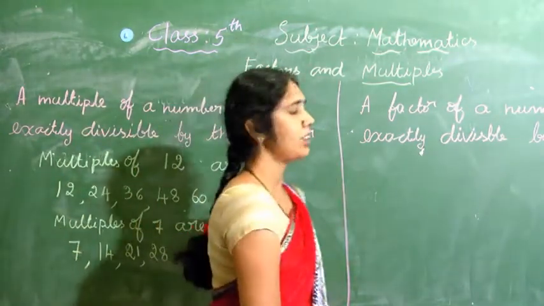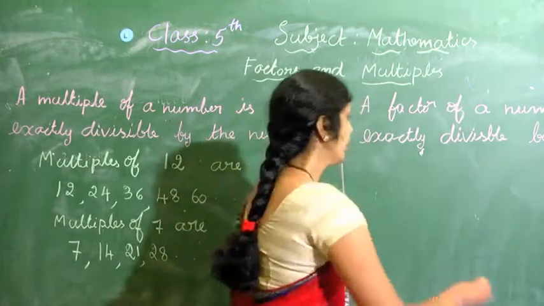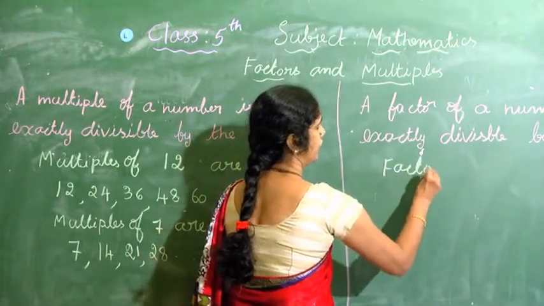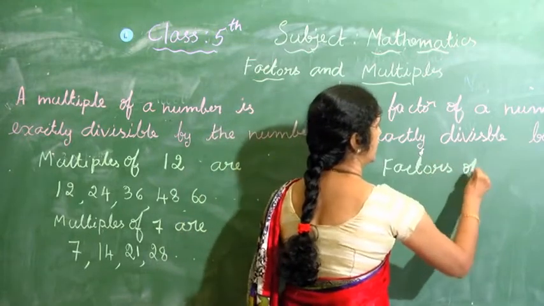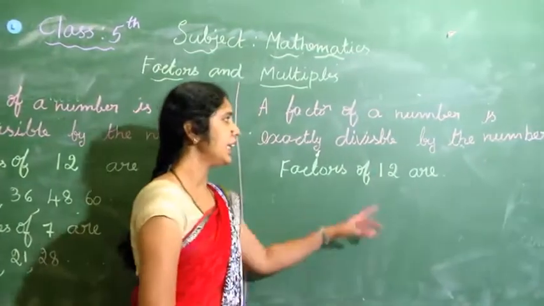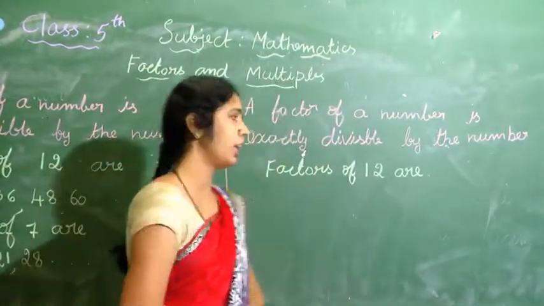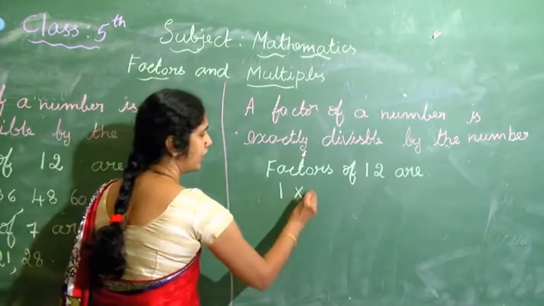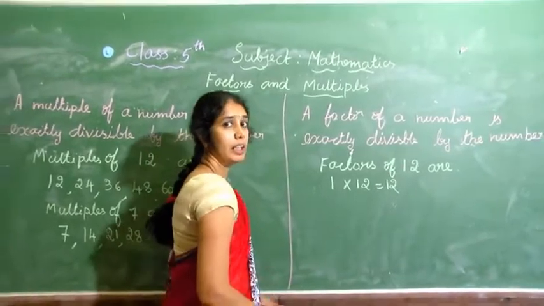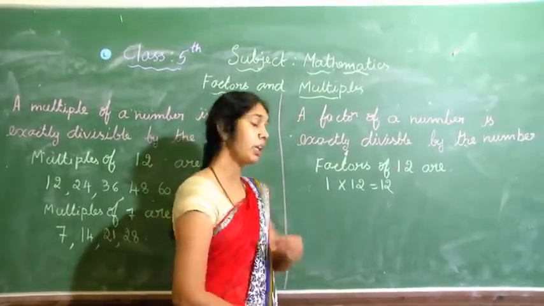Next is factor. What do you mean by factor? See, I will write the factors of 12. Factors of 12 are, see, in which table will 12 come? Yes, you are right. In the 1 table 12 will come. 1 twelve is 12. Next, in which table will 12 come? 2 table?